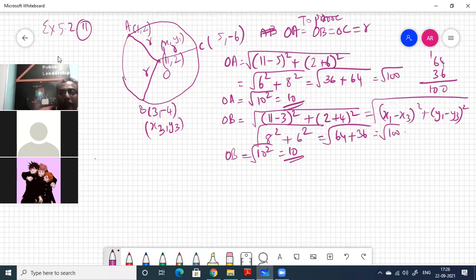Now let us see OC. OC, we will put the formula. Let us take this as x4, y4. Square root of (x1 minus x4)² plus (y1 minus y4)².